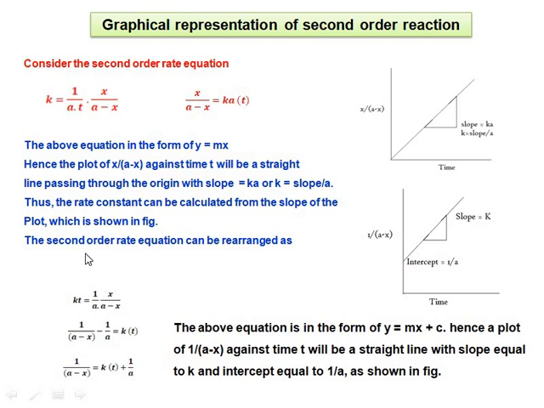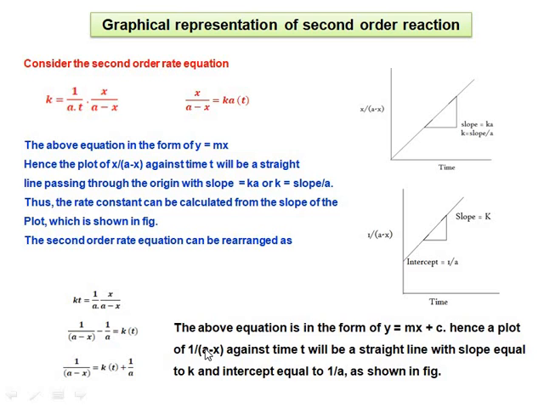Or the second order rate equation can be rearranged as kt is equal to 1 upon a into x upon a minus x. So 1 upon a minus x minus 1 by a is equal to k into t. We can rearrange this in the form y is equal to mx plus c.